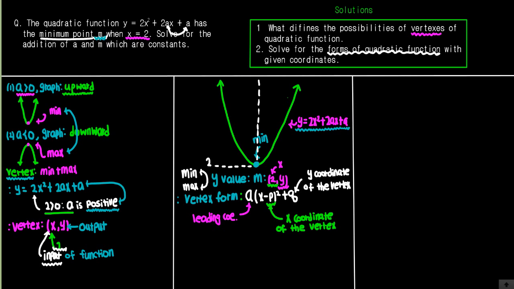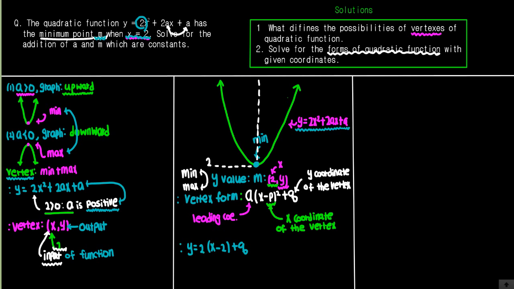So we can input everything that we know from here. It is going to be y is equal to a times x minus 2, since we knew that our p value, the x coordinate, is 2 because they gave us this information, and we still have plus q. And we can also say the a value, the leading coefficient, is 2.